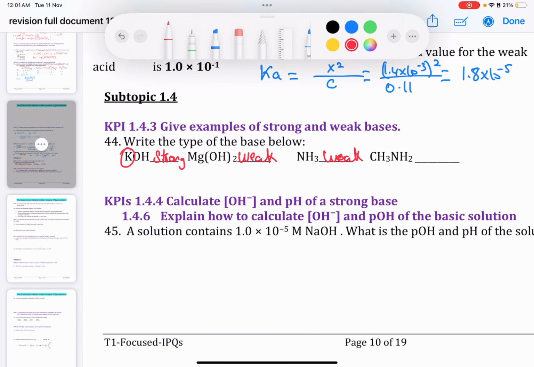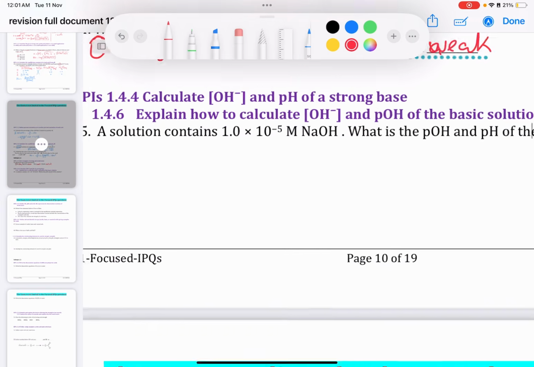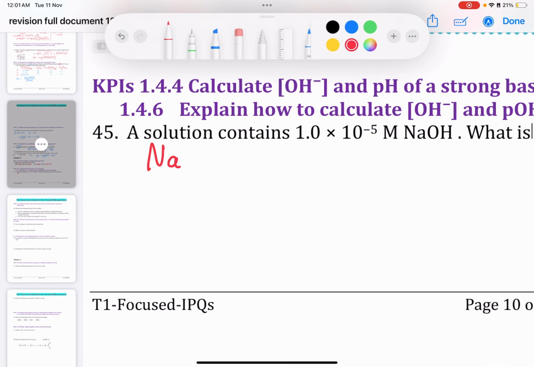So this is a strong base and the rest are weak. All the bases of ammonia are weak. So let's continue. A solution contains 1.0 times 10 to the power negative 5 molar sodium hydroxide. That is a strong base. What is the pH and the pOH of the solution? Since we know that a strong base fully ionizes in water, we are going to get Na plus and OH minus.